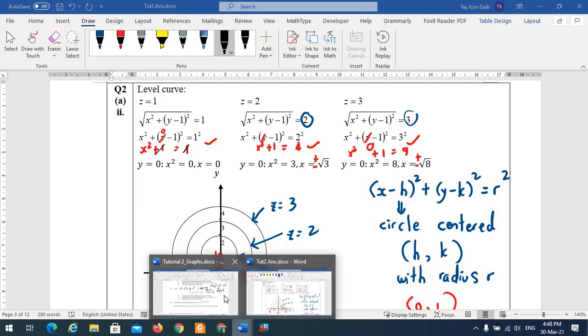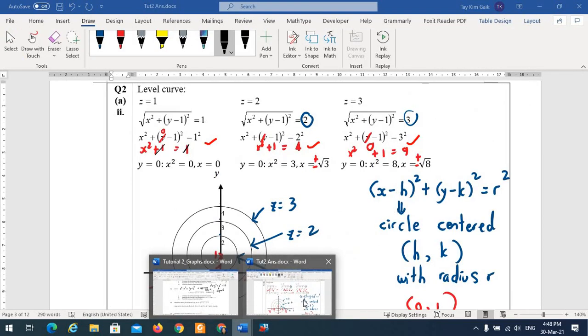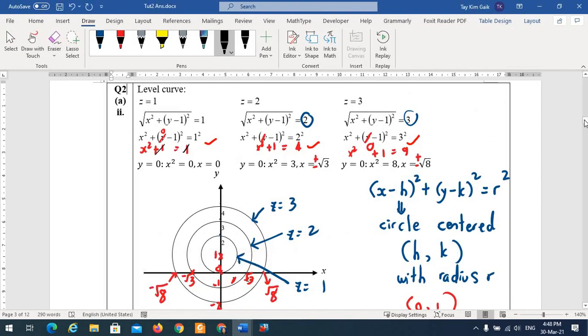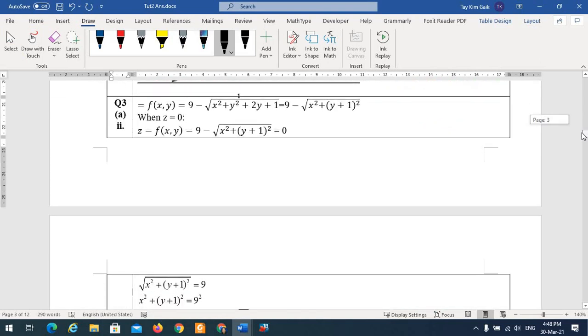So question 3. Question 3, similarly, we have to do completing the square first. Okay, completing the square, you get z equal to 9 minus square root of x squared plus y plus 1 squared.